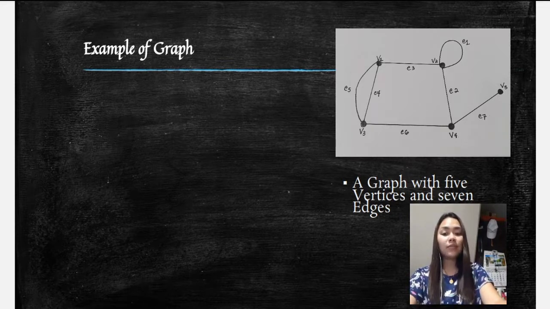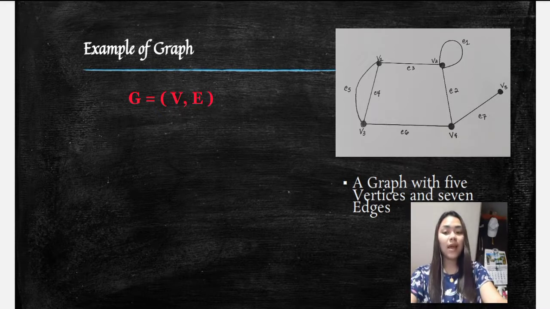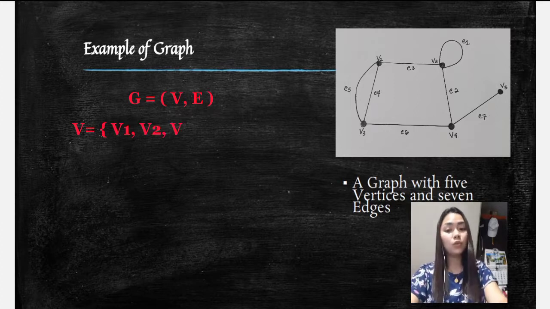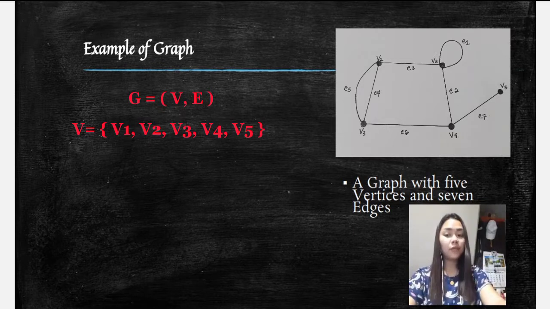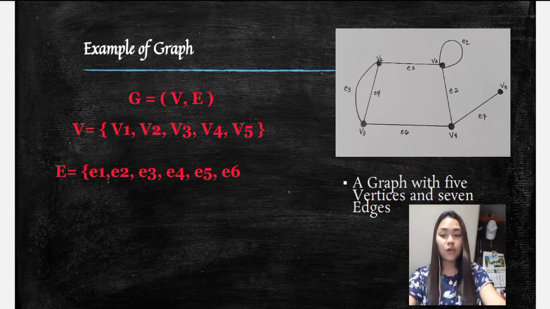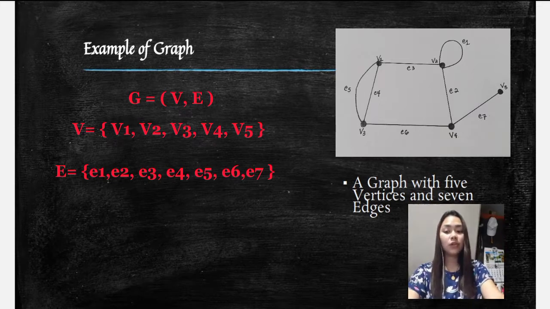When we write this graph mathematically, we write it as G equal to the ordered pair (V, E). The set of vertices has elements v1, v2, v3, v4, and v5. The set of edges has elements e1, e2, e3, e4, e5, e6, and e7. Each edge is identified with a certain pair of vertices.